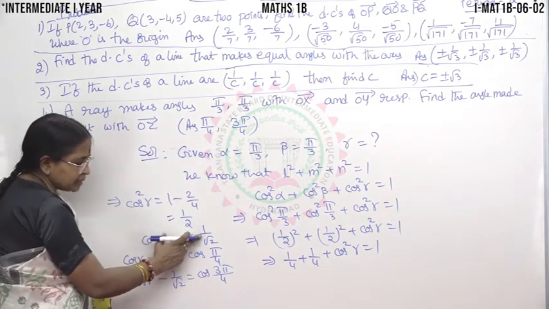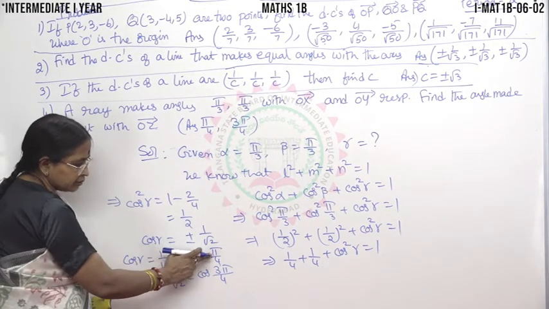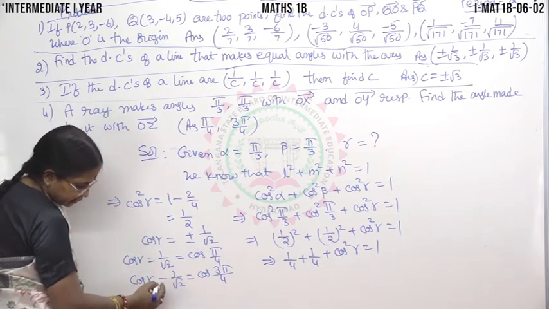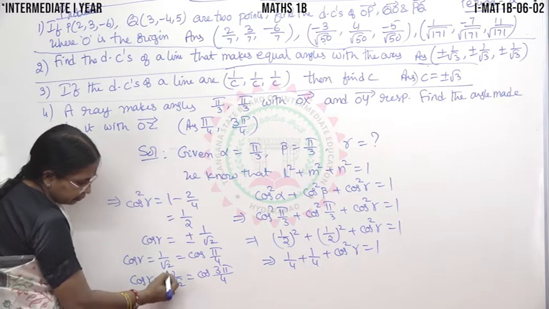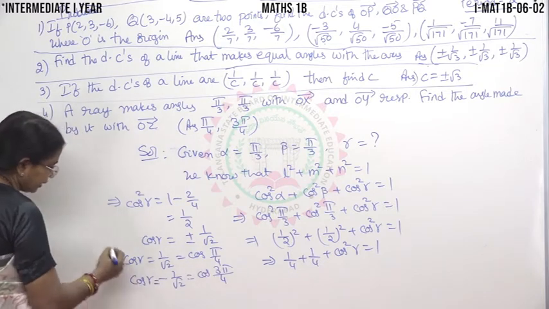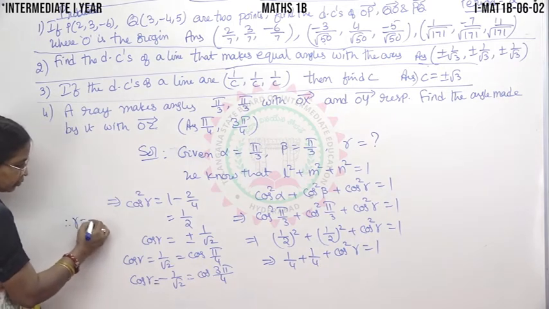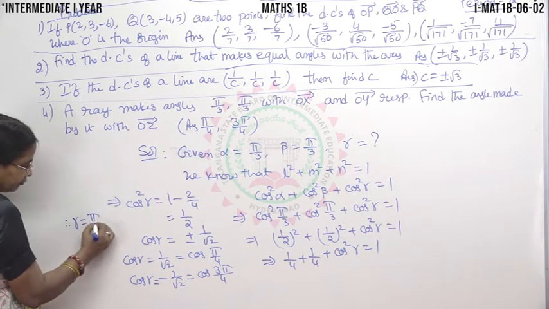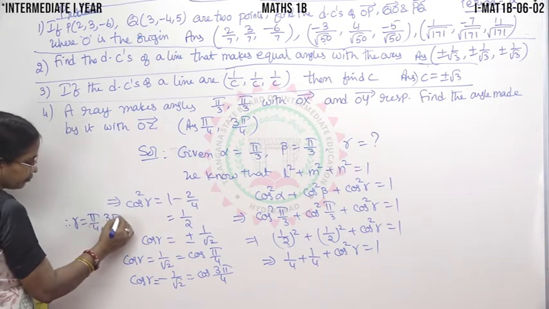So for the plus value, the gamma value is pi by 4, and for cos gamma equal to minus 1 by root 2, the gamma value is 3 pi by 4. So you will write, therefore, gamma is equal to pi by 4 or 3 pi by 4.